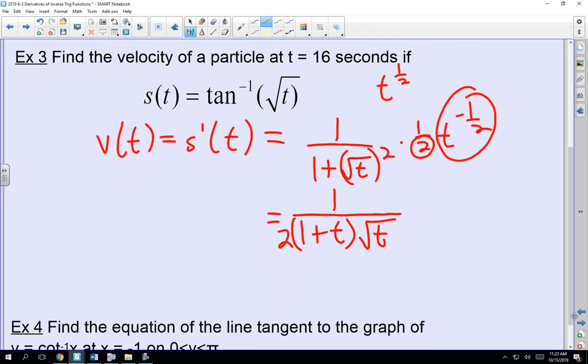I might clean it up even more, but I could write it as 1 over 2 root t times 1 plus t. And then I'm going to just plug in 16 seconds.